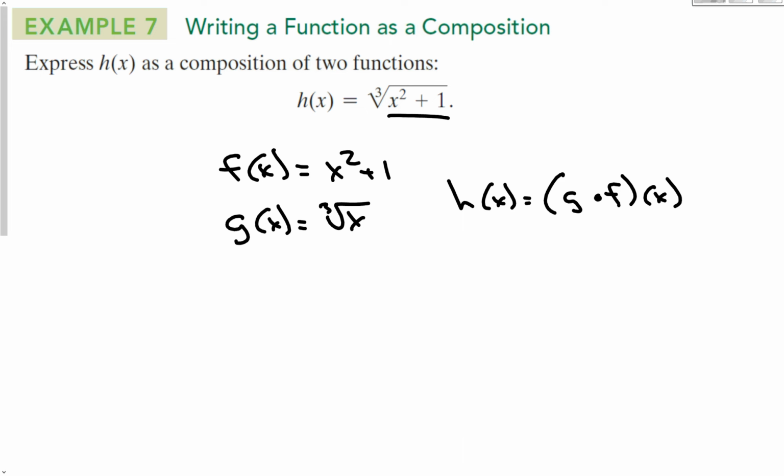Okay? And we can do this with all sorts of functions. You look for the main function on the outside, you look for the function in the middle, and you can break them down into any sort of decomposition. Okay? Let's try one more of those real quick. And let's look at this, 3x minus 4. So here's h of x, right?